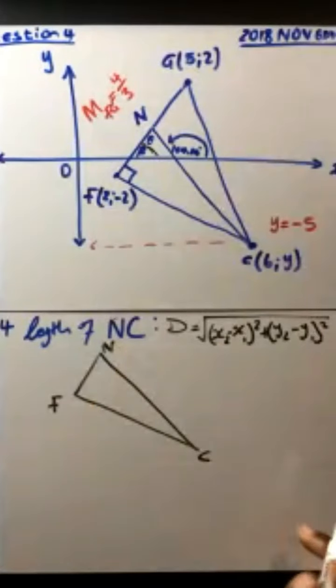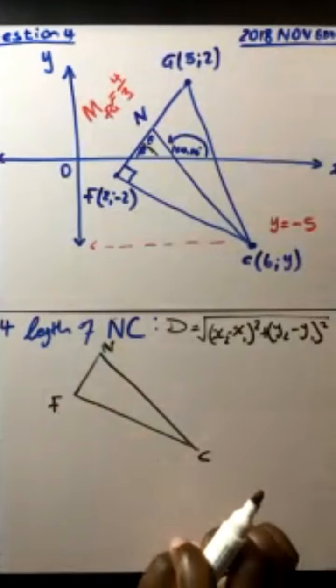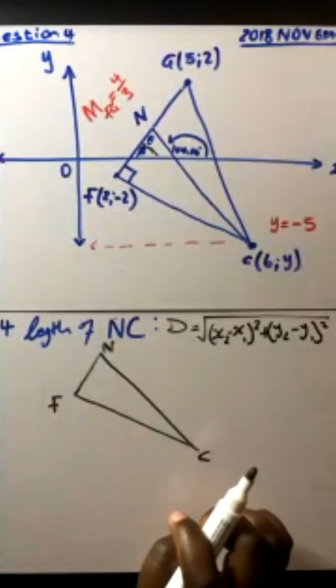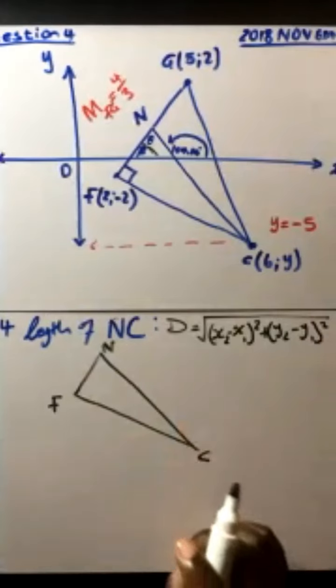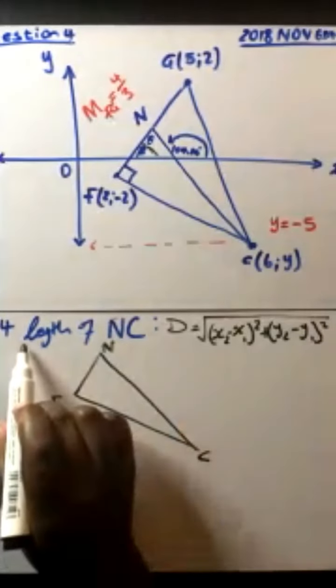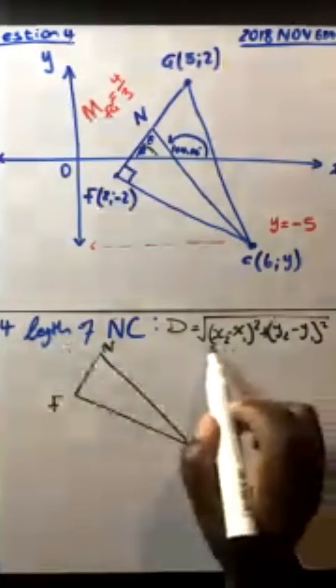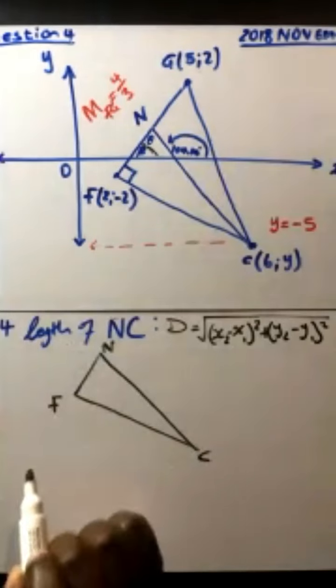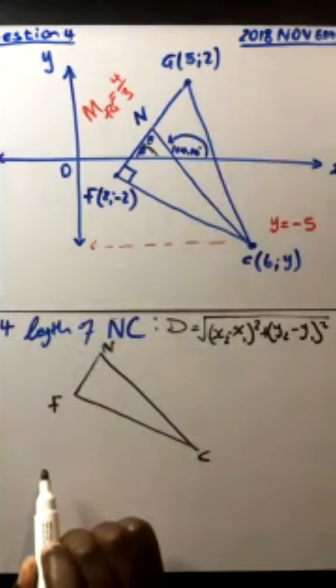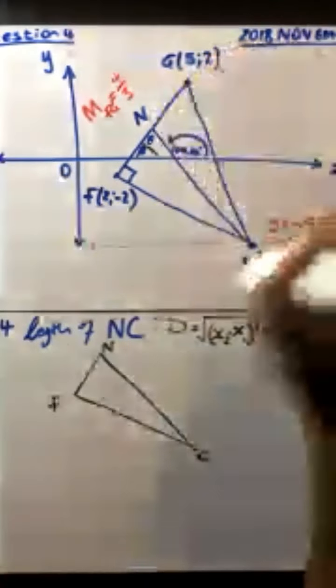Remember, guys, what I'm doing here is just to discuss an approach to this type of questions. I just said when they said length, quickly write down the formula for the distance. You might need it. And again, understand the length of what. So now they want the length of NC.